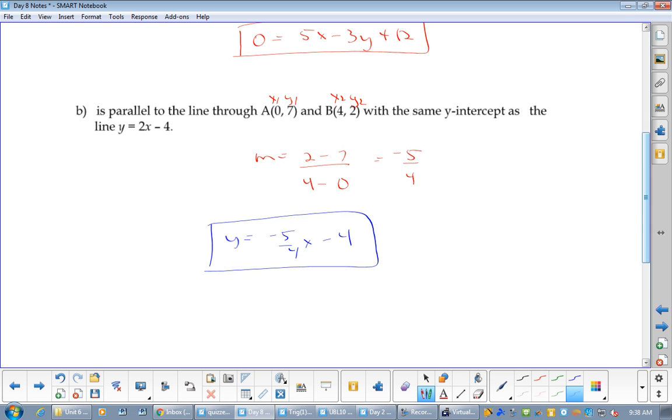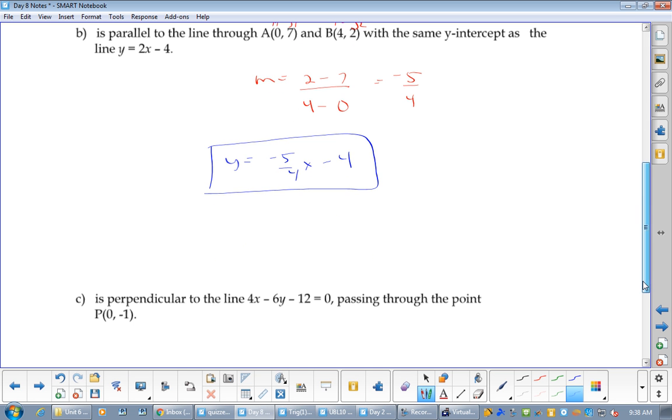That would be the only thing left, is to turn it into general form. And if this is starting to seem redundant, then that means you actually get it. If you're still kind of surprised with what goes down, that means you do need more practice. So I have 4y equals negative 5x minus 16, and then I'm just going to get rid of that. So it's negative 5x minus 4y minus 16.